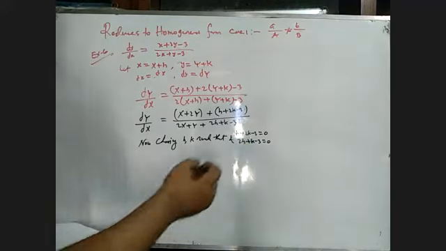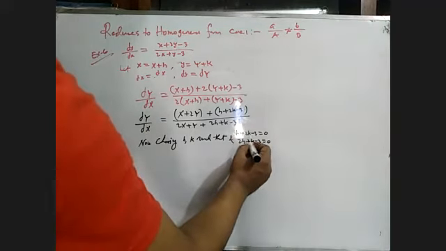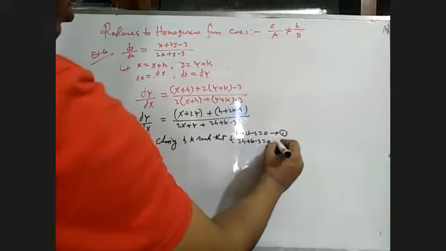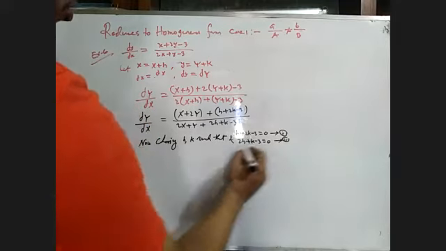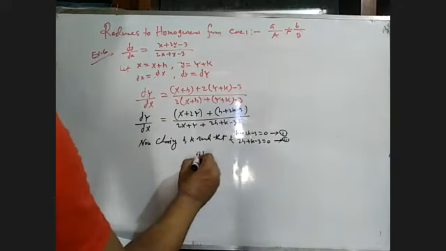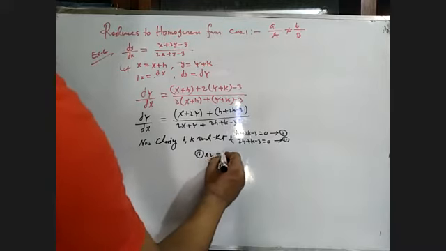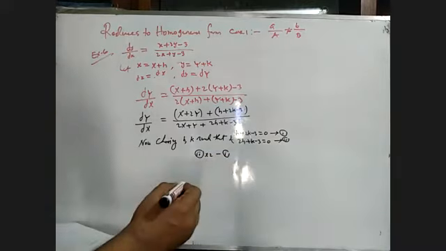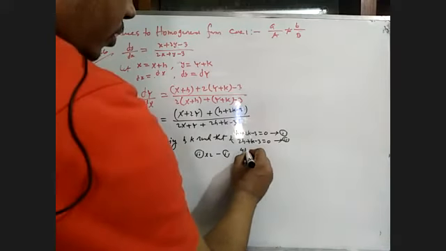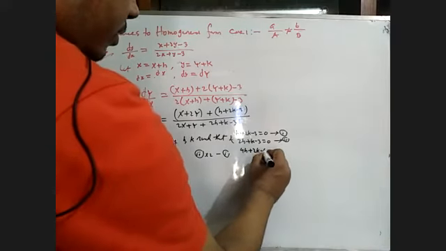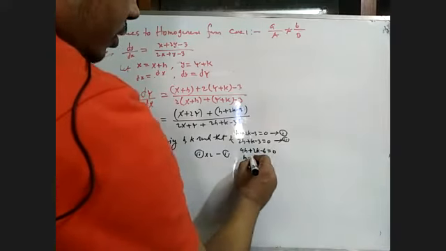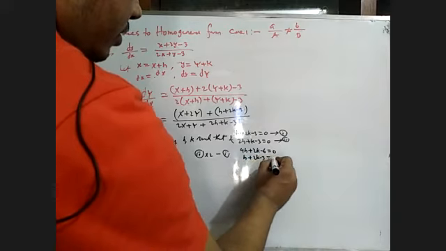Now solving for h, k, this is equation number 1 and this is equation number 2. Multiplying equation 2 by 2, then subtracting from this, so 4h + 2k − 6 equals 0, h + 2k − 3 equals 0.